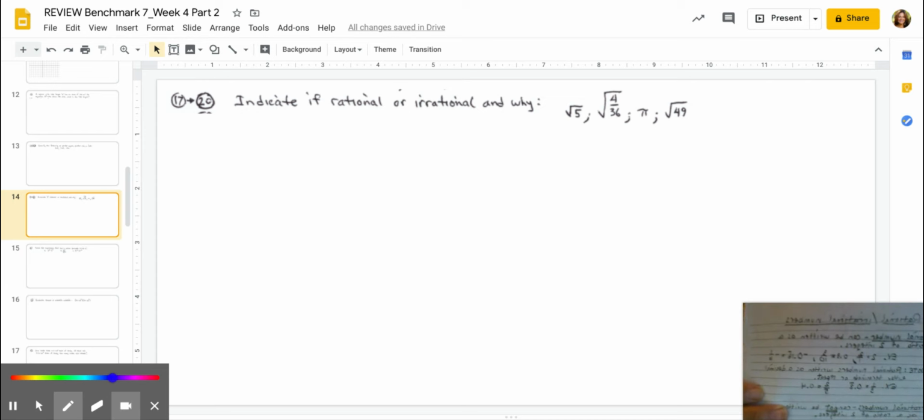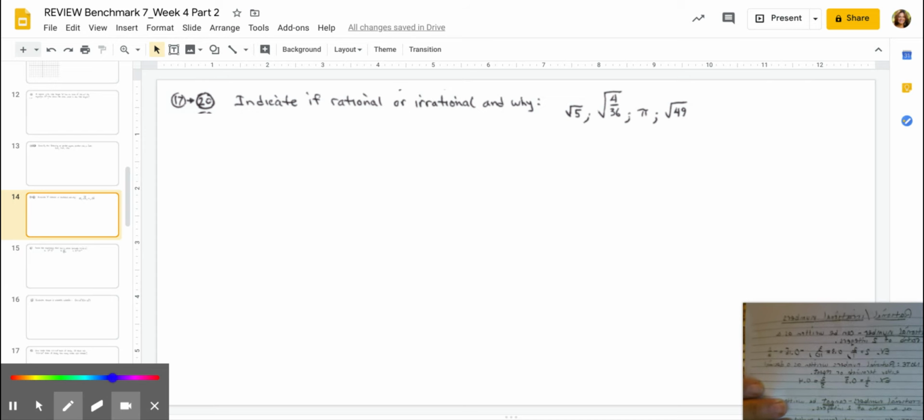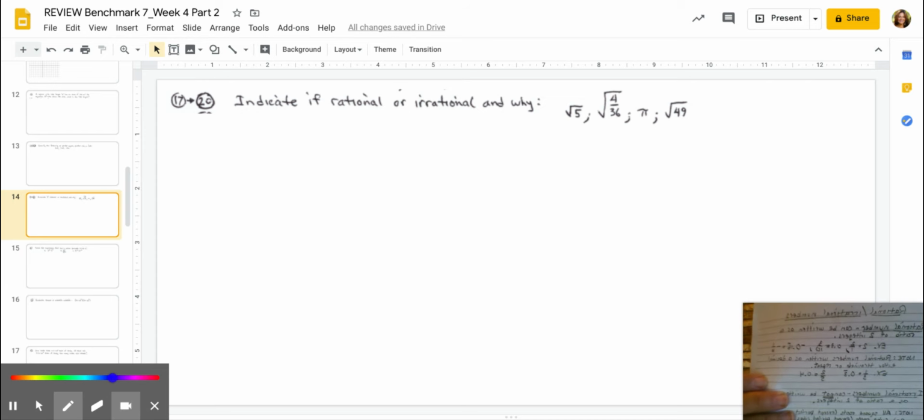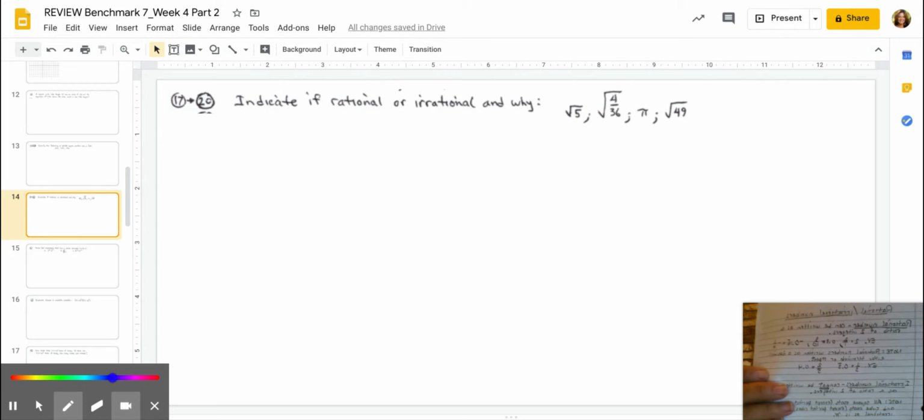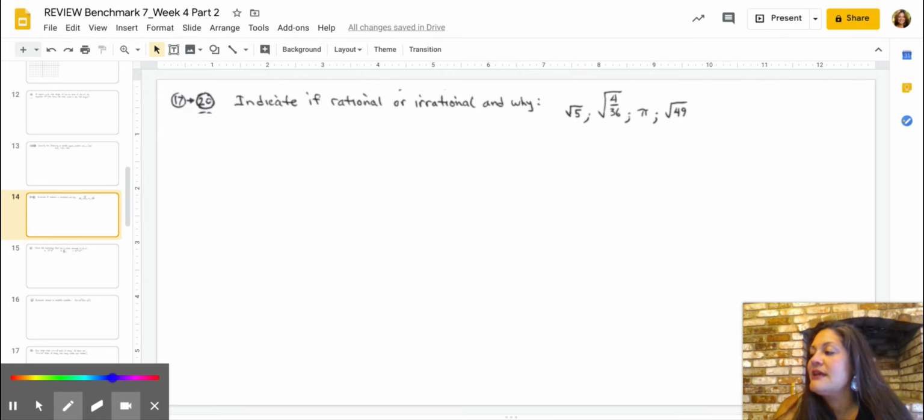So if you remember, for it to be rational, it has to be a perfect square, the decimal has to end or terminate, or it has to be a repeating number, like 1/3.